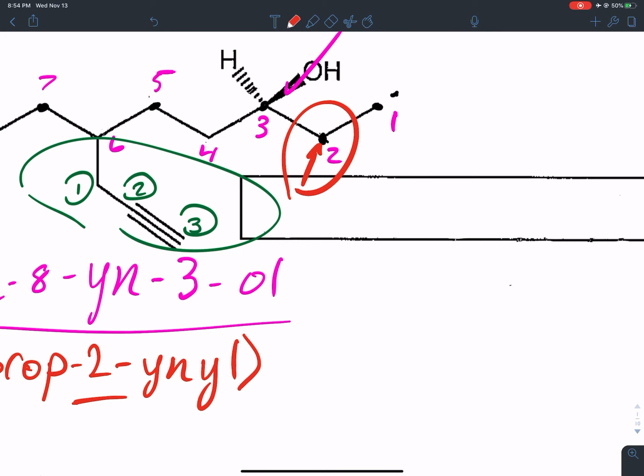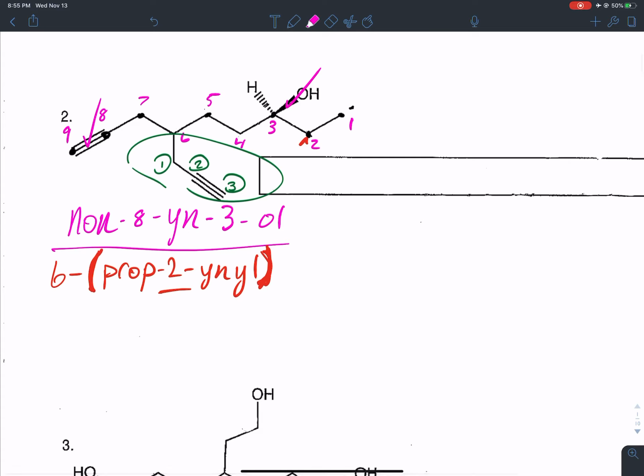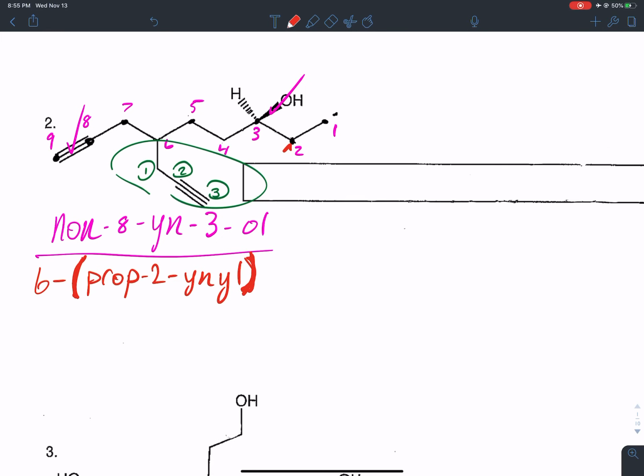We're not trying to say that, right? We're trying to say, hey, check this out. This just relates to the substituent. The 2 just relates to the substituent. That's when you use the parentheses. So we need to put those parentheses to say that we're talking about this carbon 2.